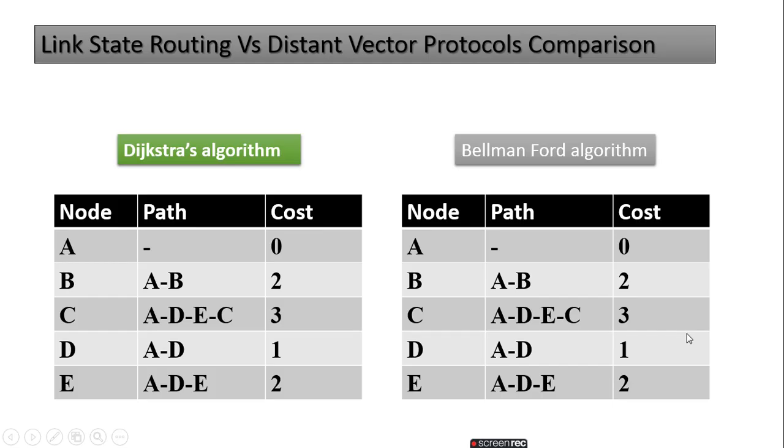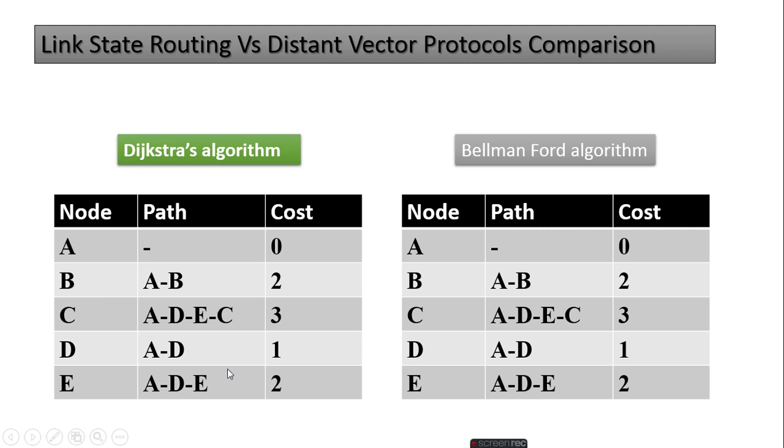However, in this particular example, we had only 5 nodes. So the answers are pretty much the same. When the number of routers increases, Bellman-Ford will give you wrong or inefficient answers. Dijkstra's will give you better answers when the number is high.